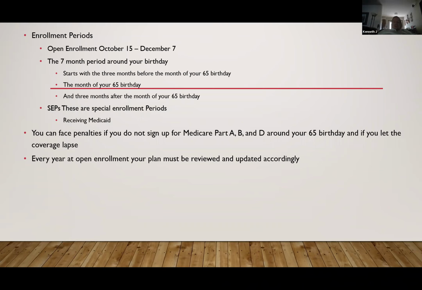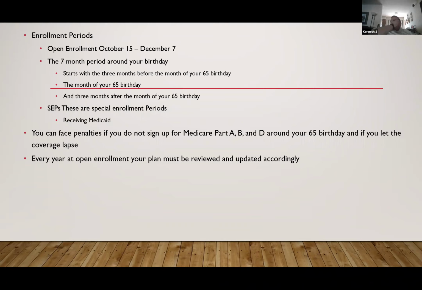Also, just like with the underage health, you have special enrollment periods. These can be anything from receiving Medicaid to low-income subsidy people to people that have moved outside of one plan's coverage area to another plan's coverage area.